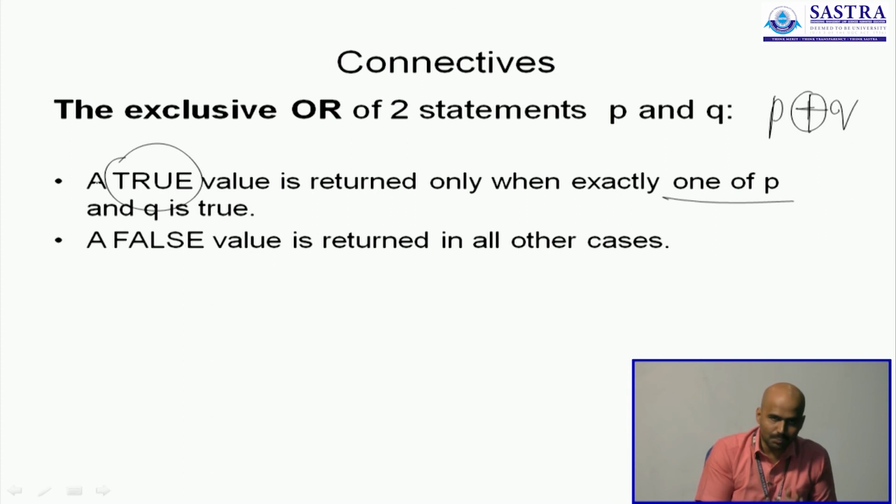It either belongs to P or Q, not both, not neither. A false value is returned in all other cases. So only when exactly one of the statements is true, this connective returns a true value. If both are true, the result is false. If both are false, the result is also false.